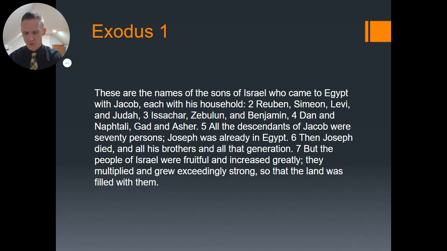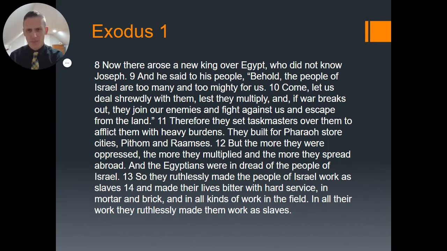Their animals were fruitful. Now, remember, it says a new king arose over Egypt. This is really not unusual in terms of monarchies, in terms of dictatorships. Kings come and go, right? They may rule for a long time, they may rule for a short time, and you may have a change of kingdom.